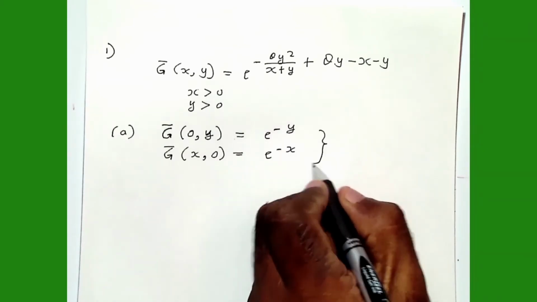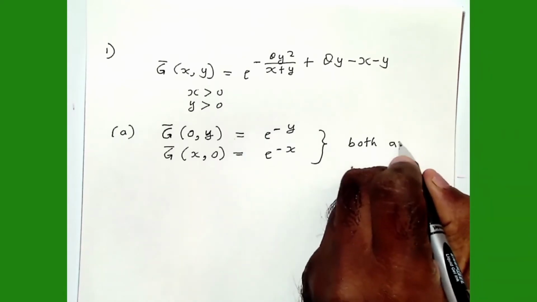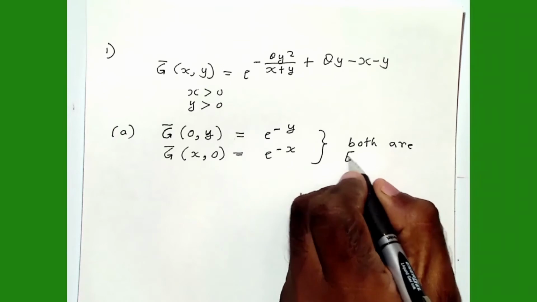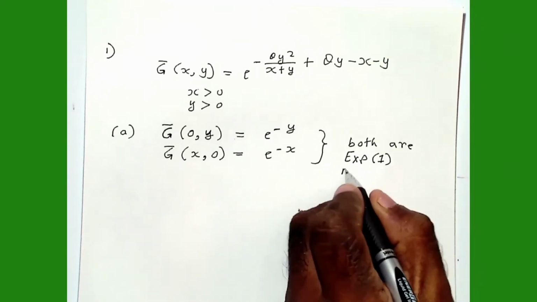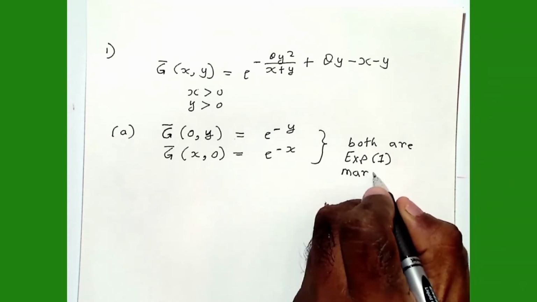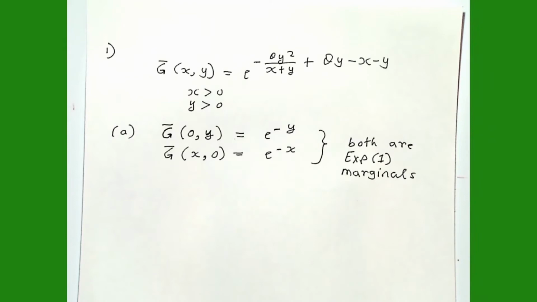And as you can see, both of these are exponential marginals with parameter 1. Hence, the representation that you're looking for is representation number 4.